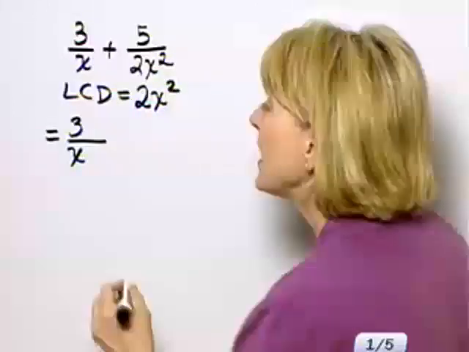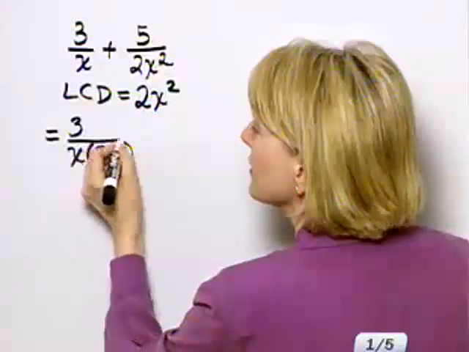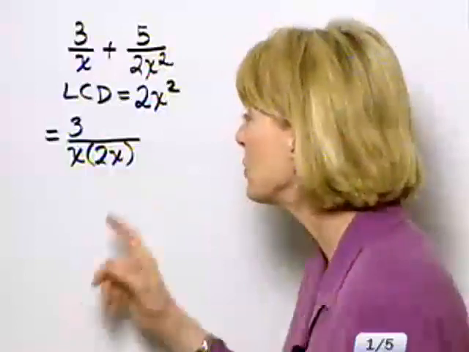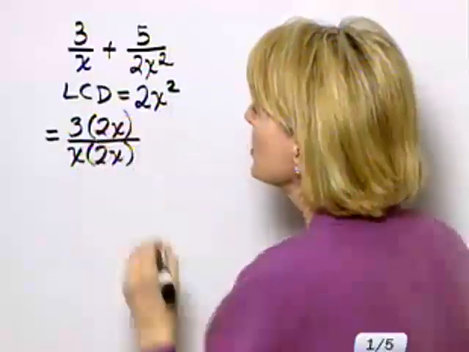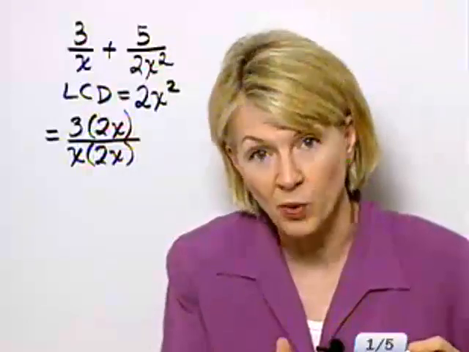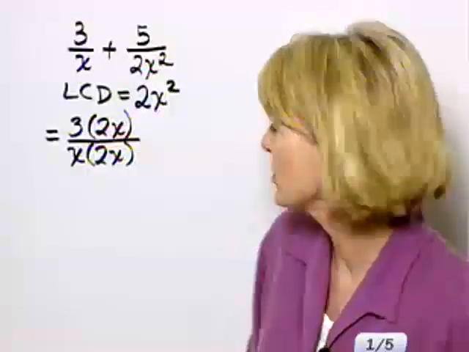We multiply x by 2x. X times 2x is 2x squared. Don't forget, if you multiply the denominator by 2x, you must multiply the numerator by 2x, because that is the same as multiplying by 1, so we haven't changed the value of our rational expression.